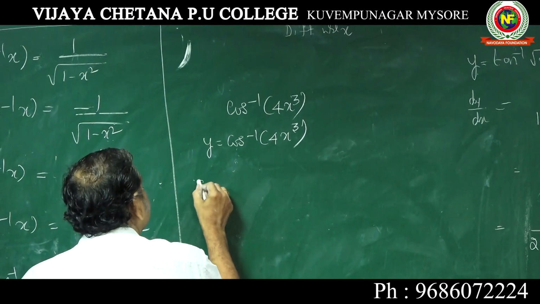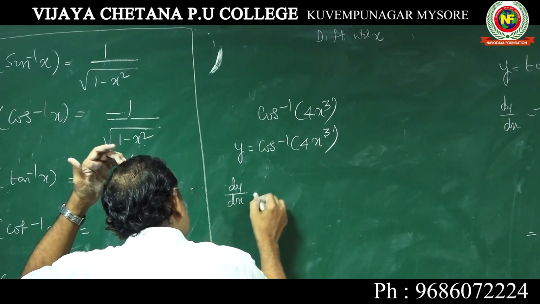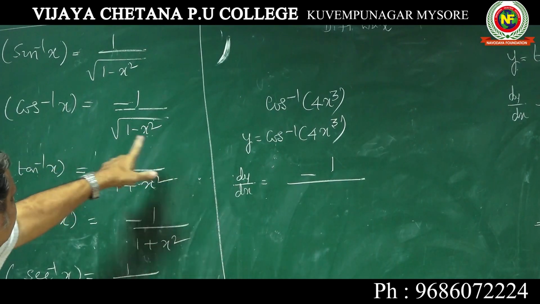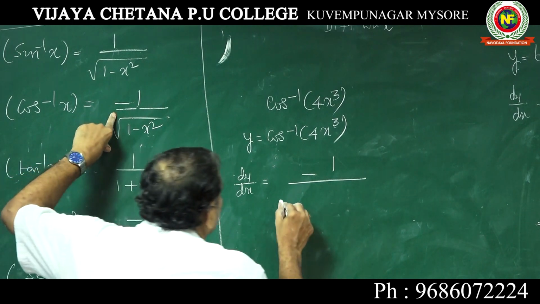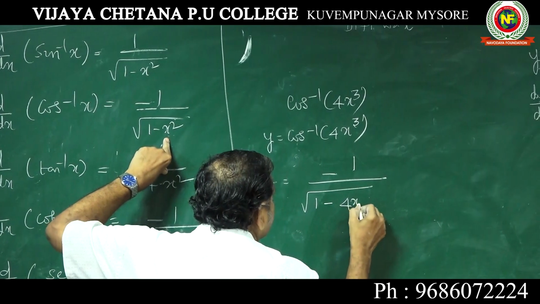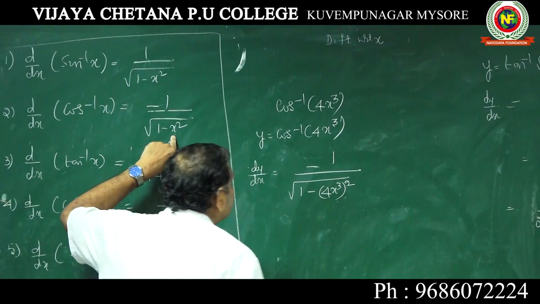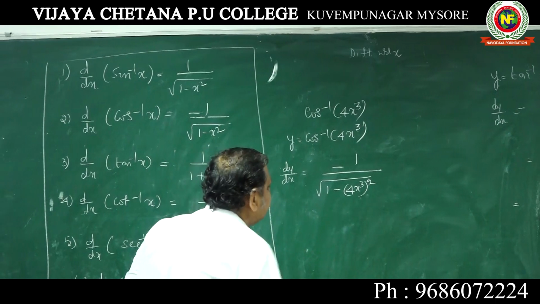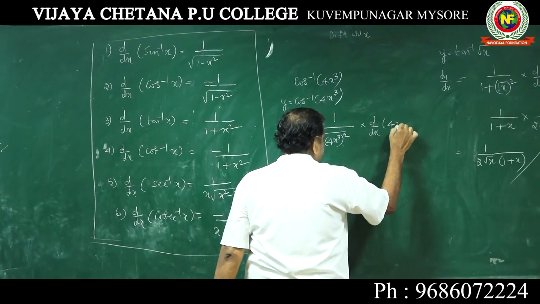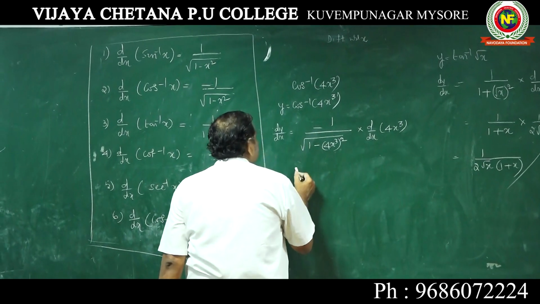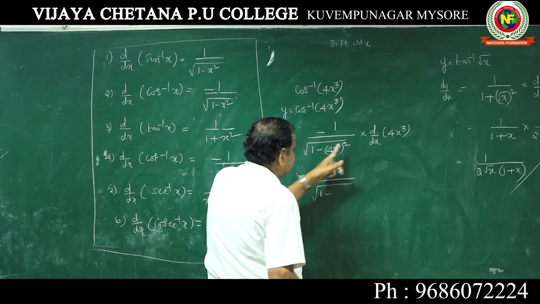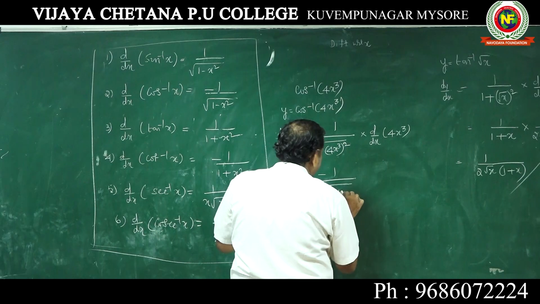When you differentiate, dy by dx is equal to minus 1 over, because cos inverse x starts with c, minus 1 over root of 1 minus x square, that is, 4x cube whole square, into d by dx of 4x cube.